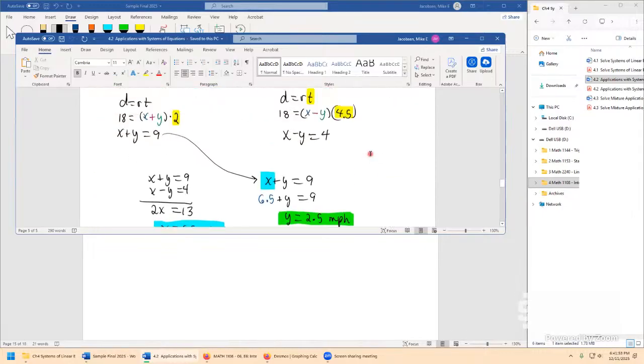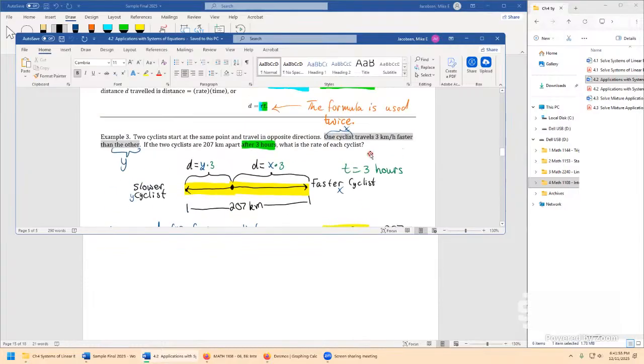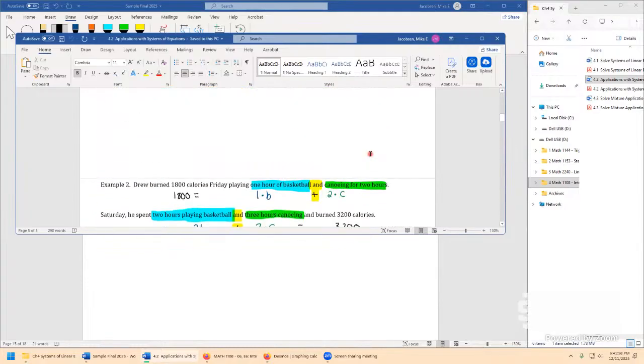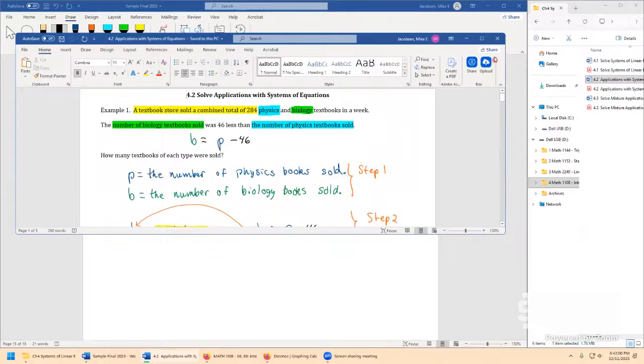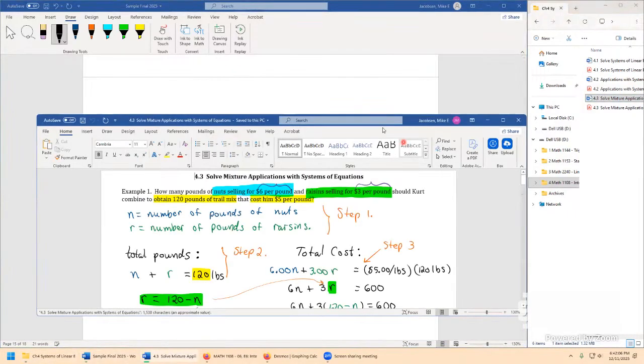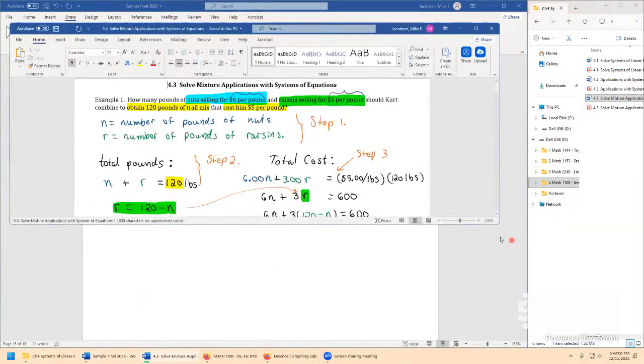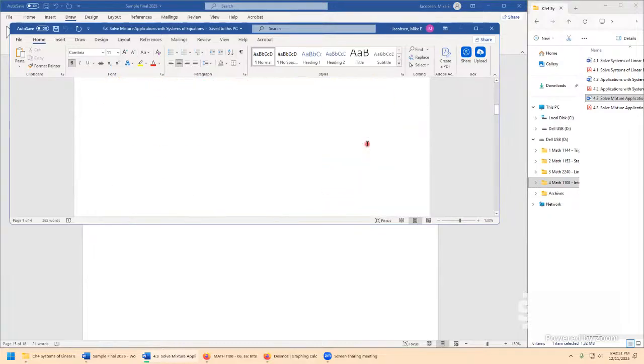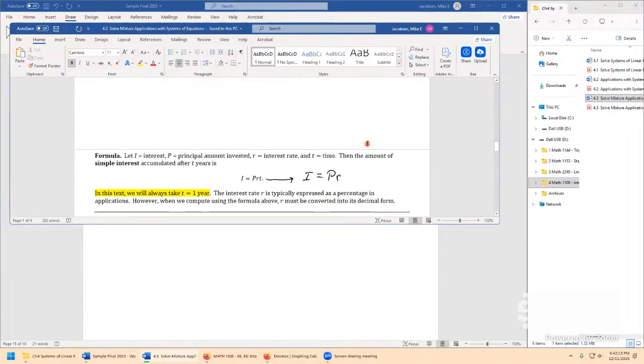And let's see if I can find it. You know, maybe it wasn't in this section at all. Let me look into the next section, 4.3. Could have swore it was that one. But you know, it's been a while since we've done these problems. So the next section, let's see.